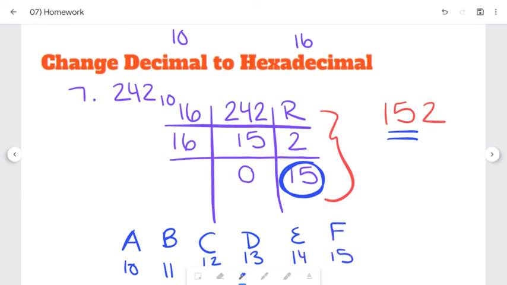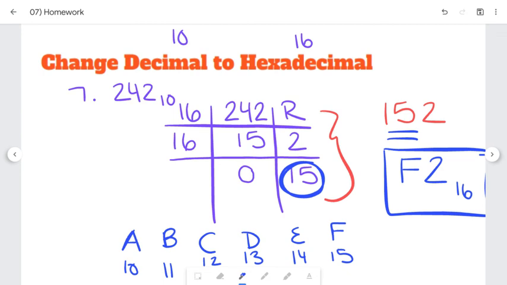So now that I've made it to 15, I'm going to change this to F2 in hexadecimal. So remember, if you have something that comes out as a double digit like that, we start going through our letters to help us be able to write that.